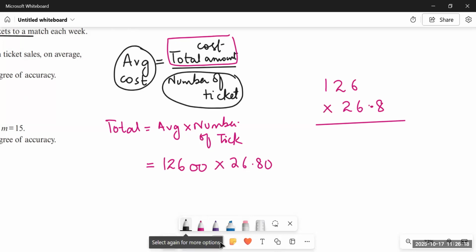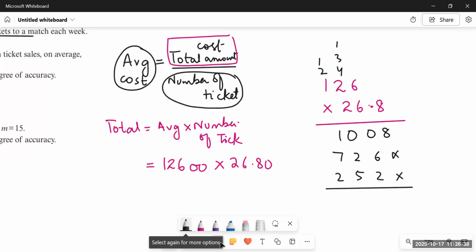So it's supposed to be 8 6s are 48, 8 2s are 16, plus 4 is 20, 8 1s are 8, 9 10, then 6 6s are 36, 6 2s are 12, 6 1s are 6 and 7, and then 2 6s are 12, 2 2s are 4 and 5, 2 1s are 2. So here it's 252, but here comes 8 6s are 48, 4 carried 13 and 3.